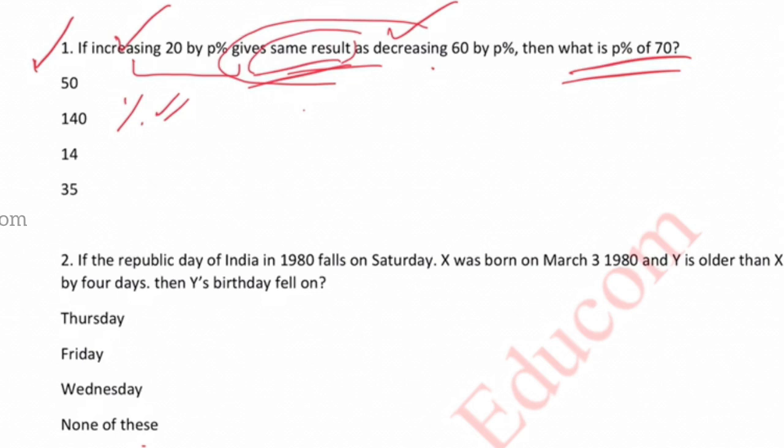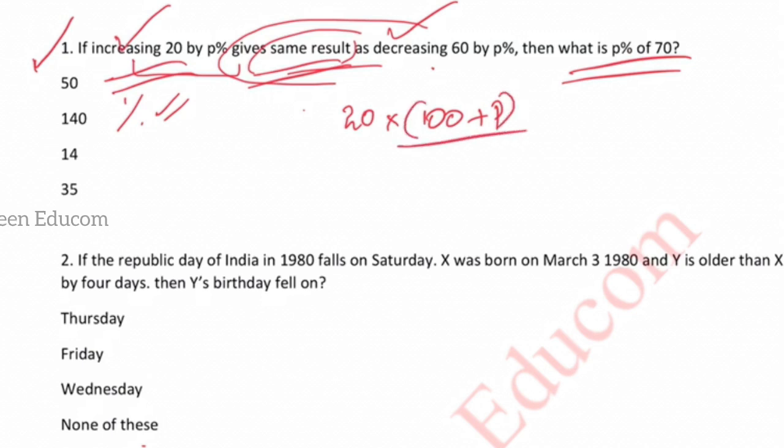In this case, considering the first section, increasing 20 by p percentage can be written as 20 into (100 plus p) divided by 100. That is the direct formula here. Hope you have got it. That is our first step. Then how do we write when values are decreasing?